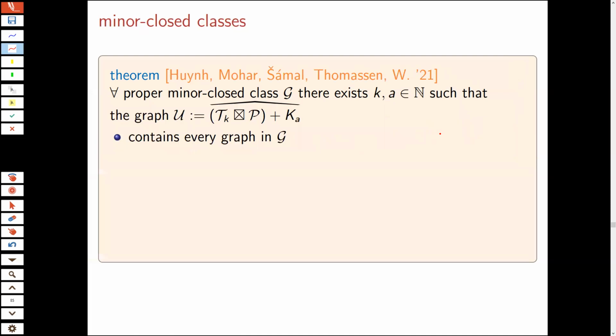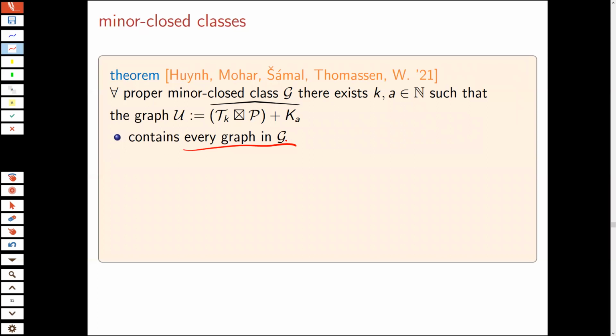So we can put this together for infinite graphs now, and we get probably the main theorem of the talk, which says that for every minor closed class G, there exist numbers K and A, and there is a single graph U, just one graph, and it contains every graph in this minor closed class. So what is the graph?